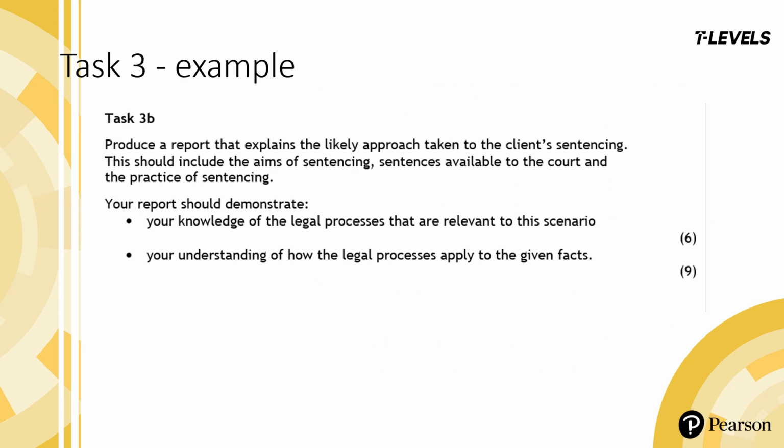This then brings the candidates on to part B, where there is a requirement to apply knowledge to the context that they've been given. As you can see, there is a similar weighting here as we've seen in task 2, where 6 marks are given for knowledge and 9 marks are given for application.